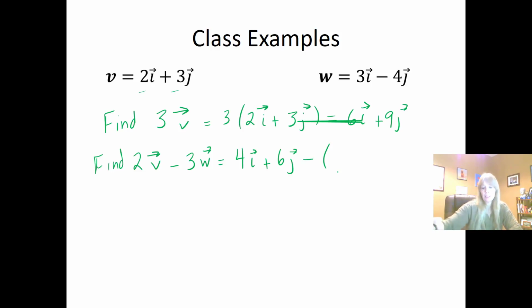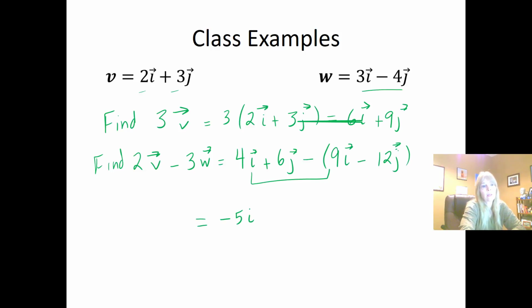And then minus, I'm going to put this in parentheses, so now I'm going to multiply w by 3, so that's going to be 9i minus 12j. And then finally putting these together, I'm going to have 4 minus 9, so negative 5i. And then 6 minus a minus 12, so a negative and a negative is positive, 18j.